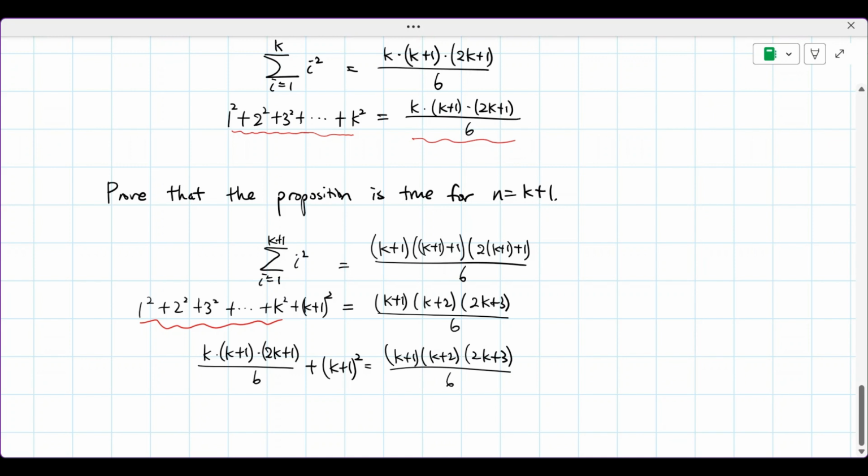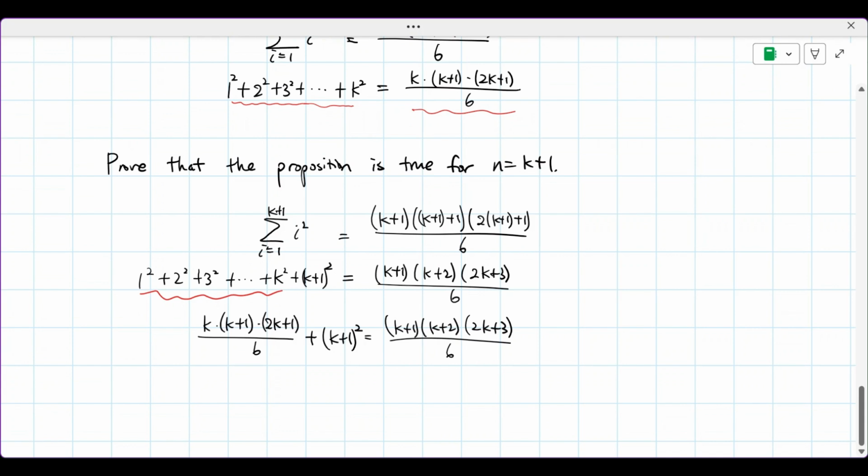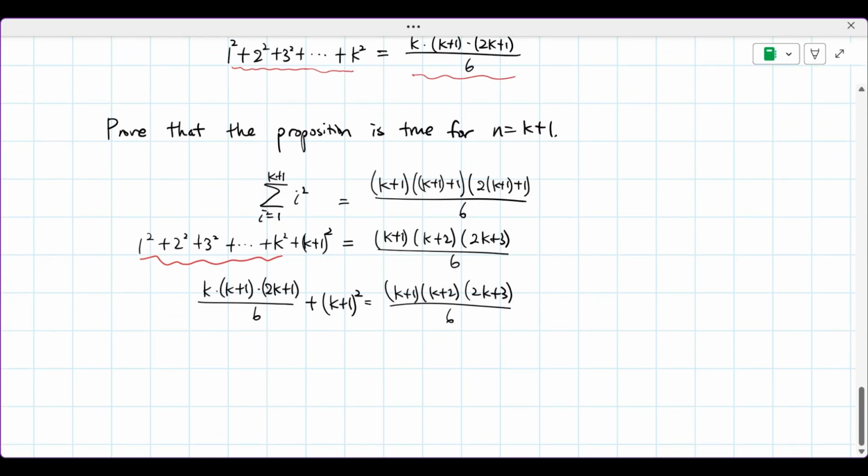So now if I can show that my left-hand side and right-hand side are equal to each other, I think we'll prove that the proposition is true for the n equals k plus 1 case. So I think we should try to expand some stuff, right? I think my life would be better if I can factor out the k plus 1 from both sides first. Actually, I'll try to match the denominators of each fraction first.